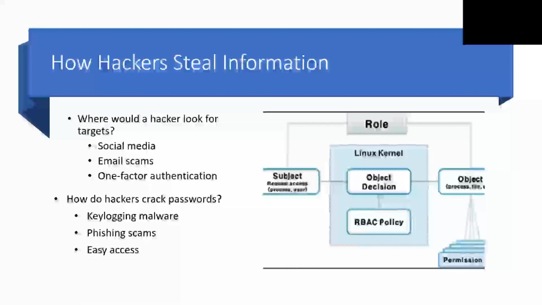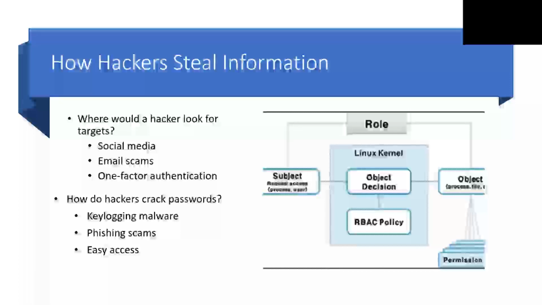So they would look on social media for people like that, and email scams where they send you an email and say one thing, and then they get your information from it one way or another. And the use of one-factor authentication is just a flawed way of doing it, because if you don't have two-factor authentication, you can't really confirm you are who you say you are.